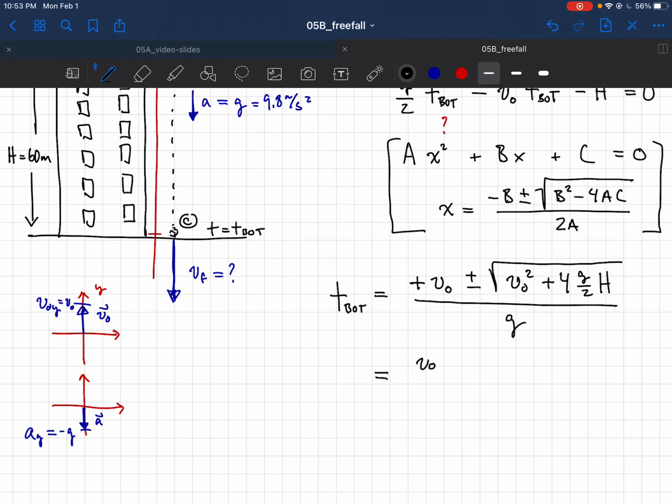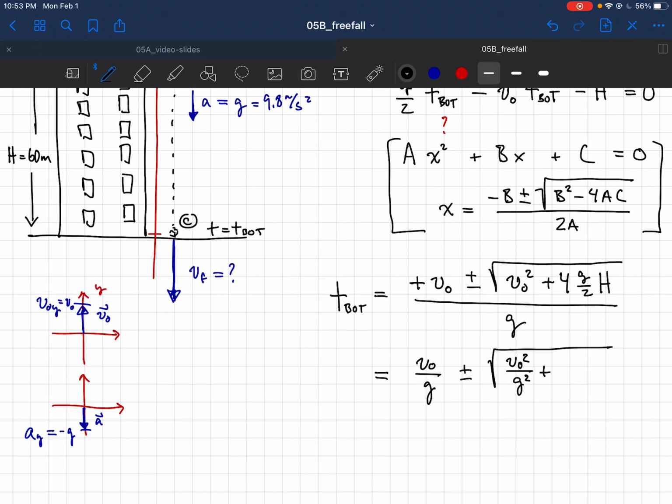So we get v naught over g plus or minus the square root of, and if I wanted to, I could bring the g inside. Why not? So then we get v naught squared over g squared. I brought it inside, so I have to square it. And then I get 4gh over g squared, and also over 2.